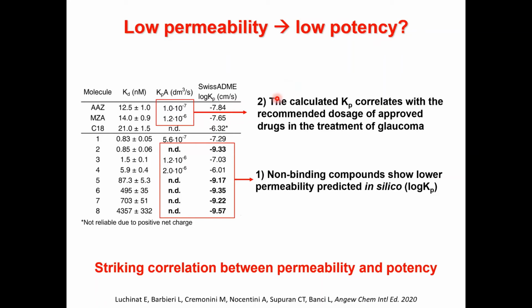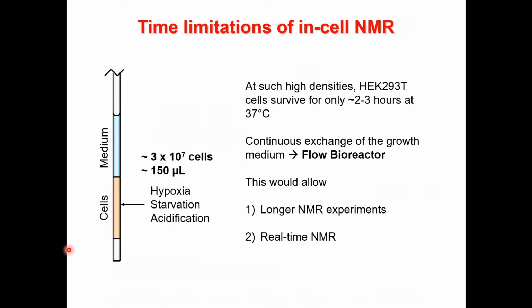And then we found an interesting correlation between the permeability, which we calculated based on the dose and time dependent binding, and the recommended dosage of these 2 drugs in the treatment of glaucoma. So we thought that this striking correlation makes a good argument in favor of in-cell NMR for this kind of studies. Now, what's the problem here?